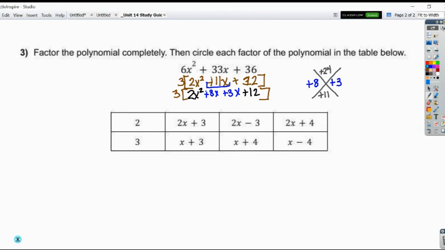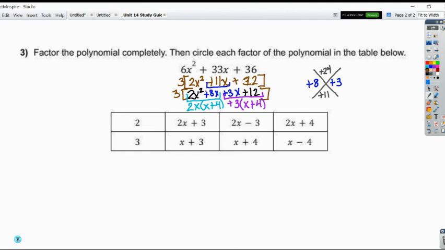So then we're going to get them into some groups. My first pair have a common factor of 2x. Divide that out, it leaves us with x plus 4. My second pair have a common factor of positive 3. Divide that out. I'm left with x plus 4.